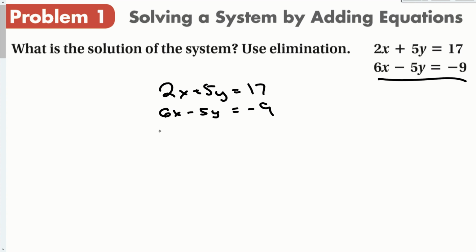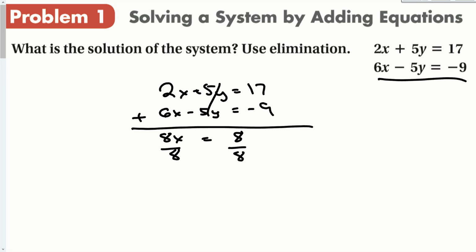It is. Now when I add these two equations together, watch what happens. I get 8x, and I get the y's to go away. And 8x is going to be equal now to 17 minus 9, which is 8. Now that the y's went away, I can solve this equation and get that x is equal to 1.